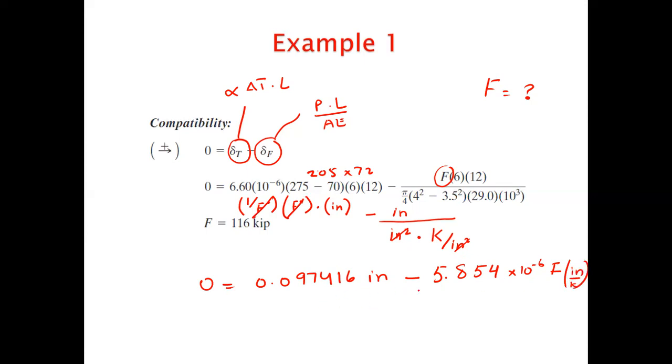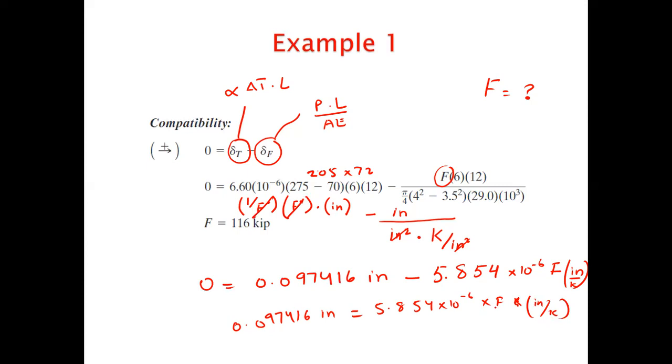So when we take it to the other side of the equal sign, it will be 0.097416 inch is equal to 5.854 into 10 raised to the power minus 6 times F, inch per kip.